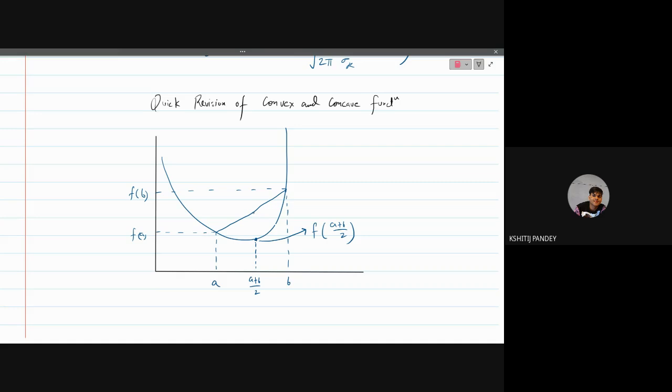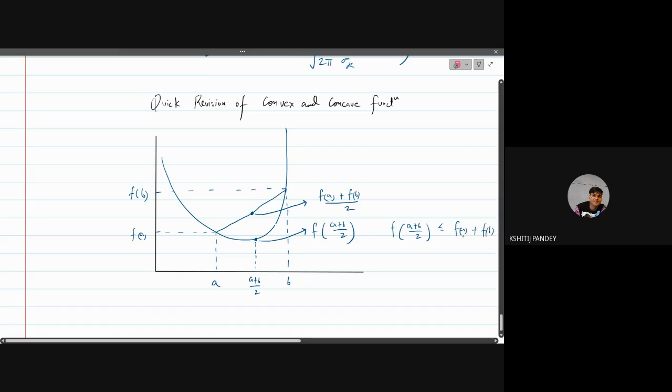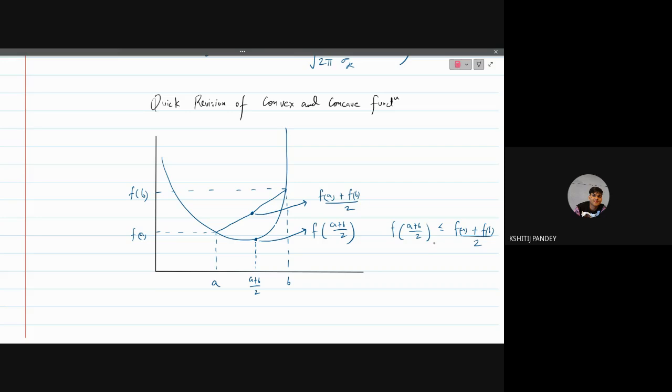And here you will have one point, which will be the midpoint, and the y value of this is F of A plus F of B by 2. And when your F of (A plus B by 2) is less than or equal to (F of A plus F of B) by 2, when this holds, then the function is a convex function.